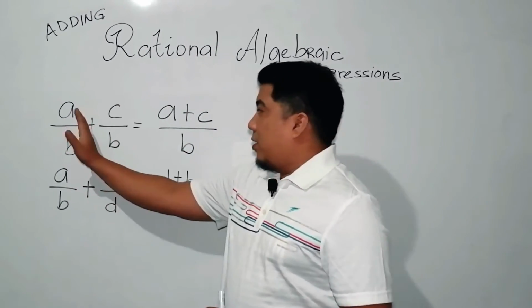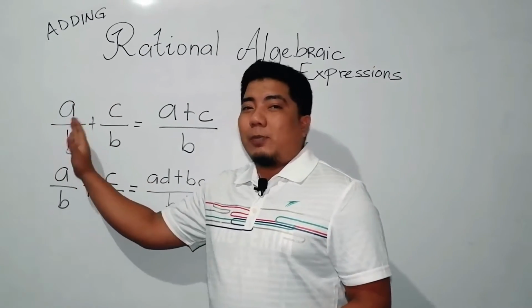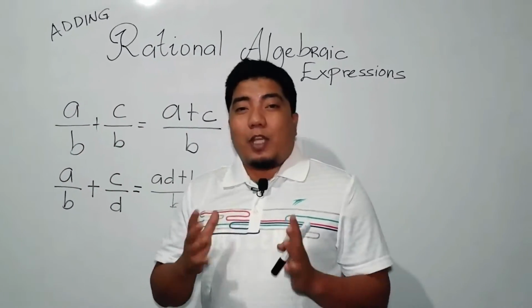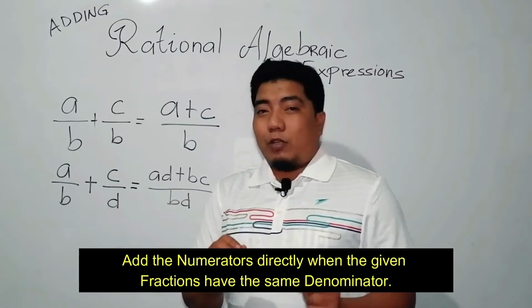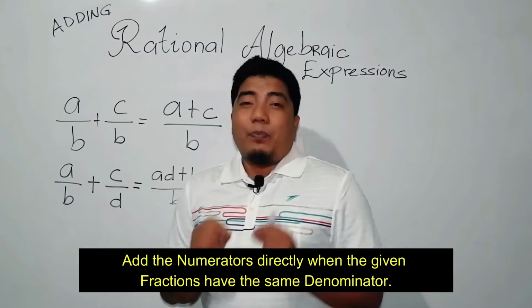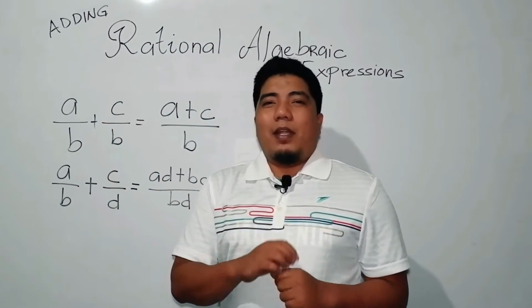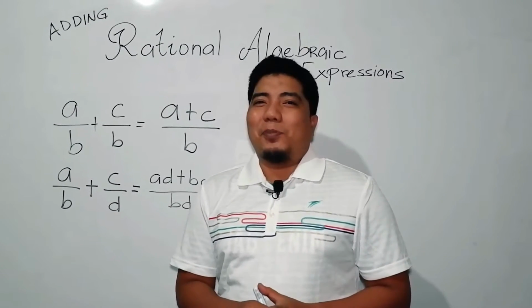When your rational algebraic expression is added by another rational algebraic expression, and they have a common denominator, then you can just copy the denominator and then add the numerators. Remember that when adding numerators, always combine like terms.